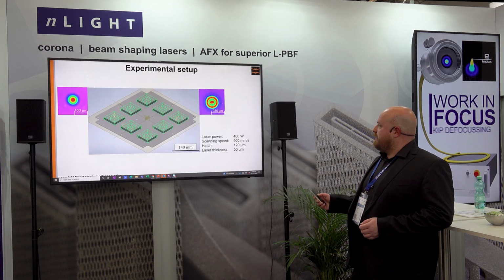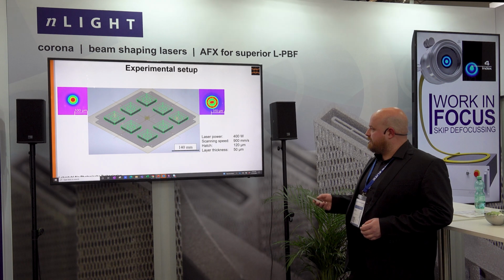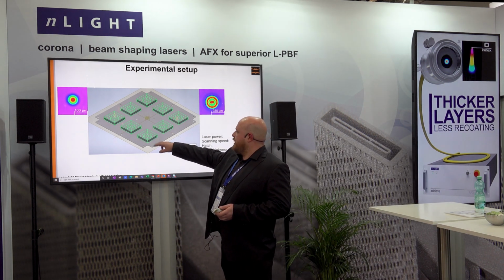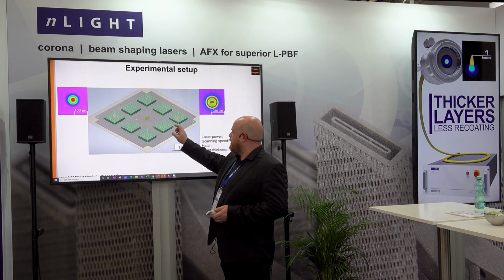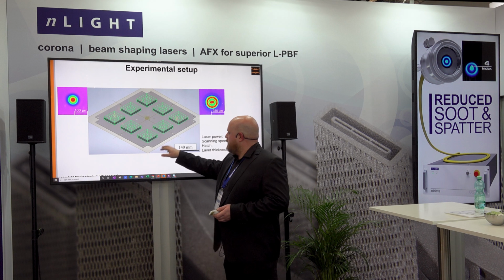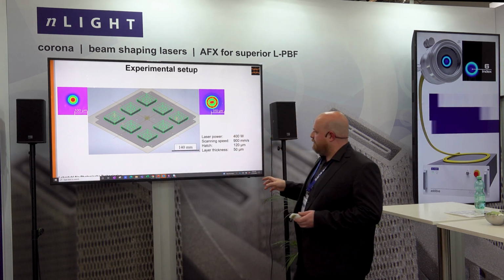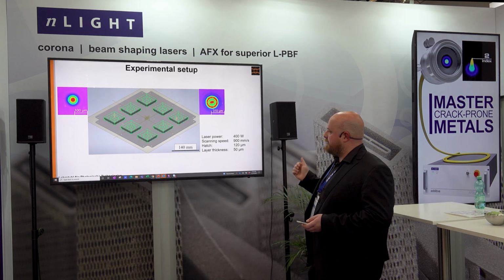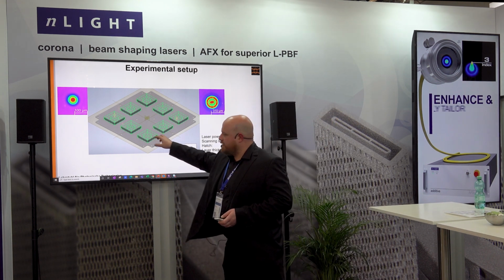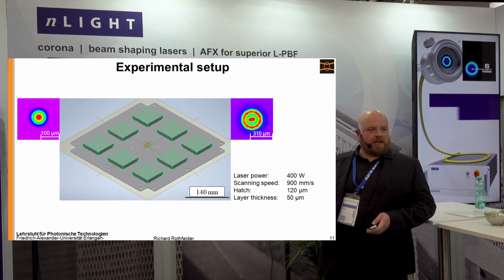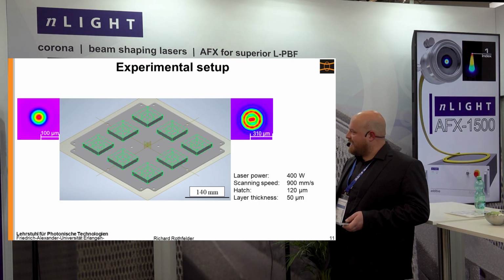Here you see now our experimental setup. This is in the middle what we built up here. We had squares on a substrate plate from an SLM280 integrated with the AFX laser system. The length of the sides is always 50 millimeters. We build up 50 millimeters. Then in this area, these cutouts, we place tungsten powder, then scan again the whole area to move the tungsten.